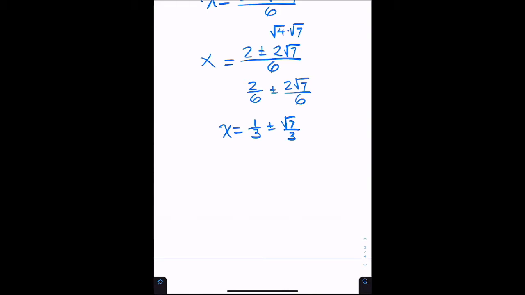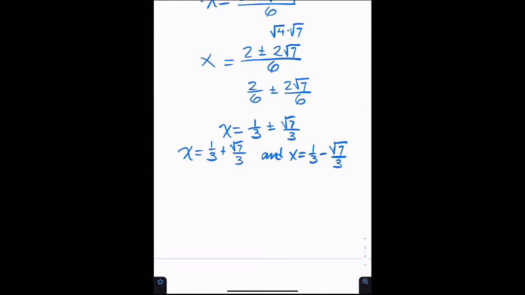Let's simplify that a little bit. x is equal to 1 over 3 plus square root of 7 over 3. And x is equal to 1 over 3 minus the square root of 7 over 3.